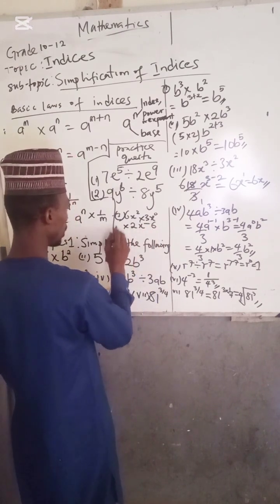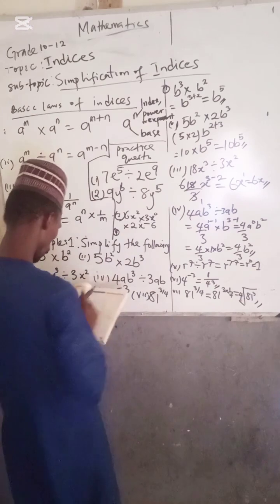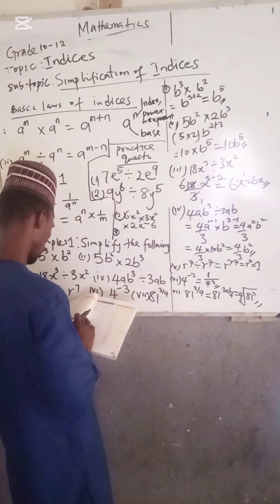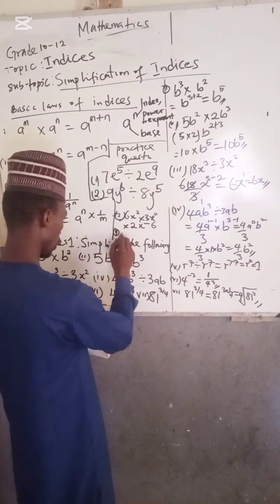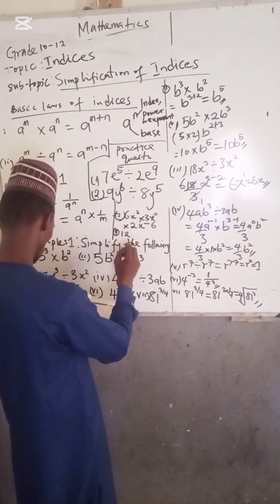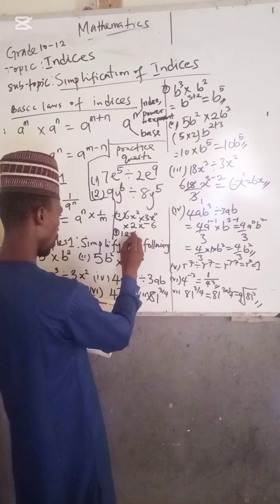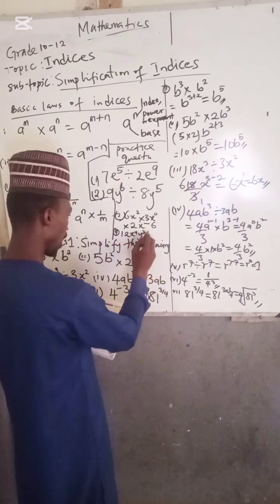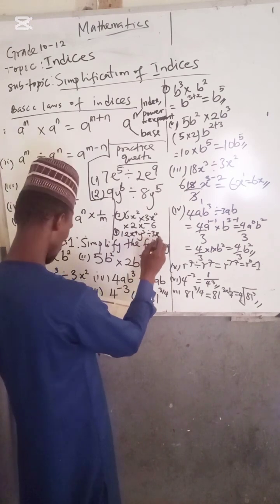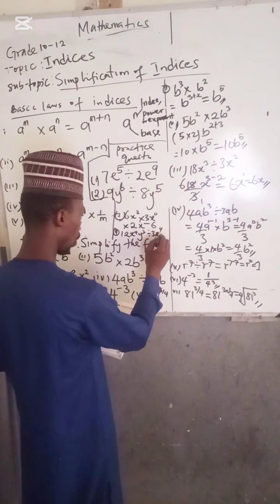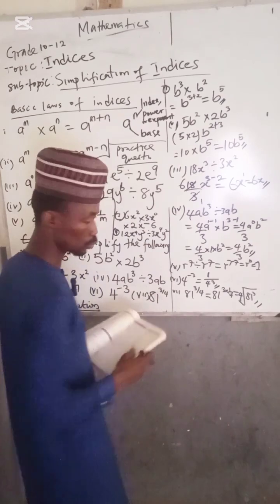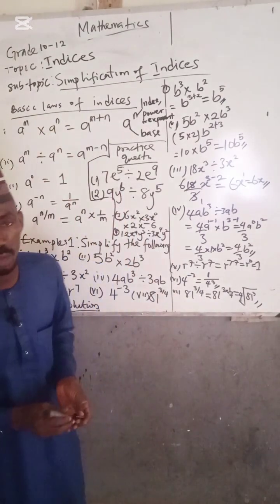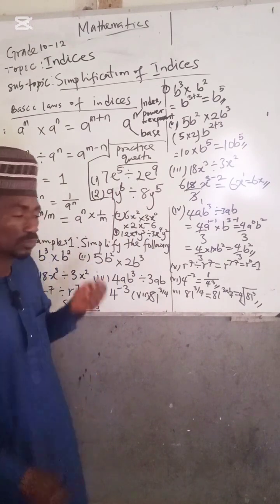Then last but not the least, which is the fourth question, we're going to have 12x raised to power 4 y raised to power 3 divided by 3x raised to power 4 y raised to power 2.